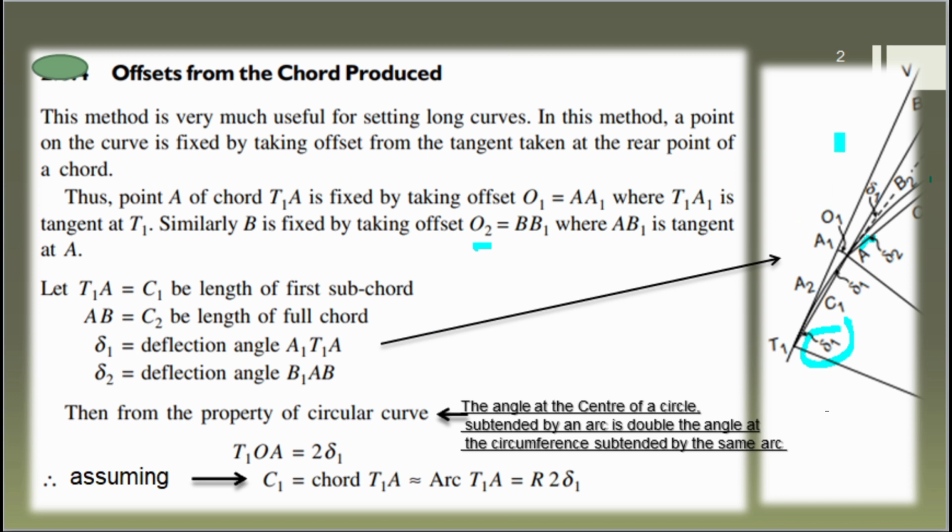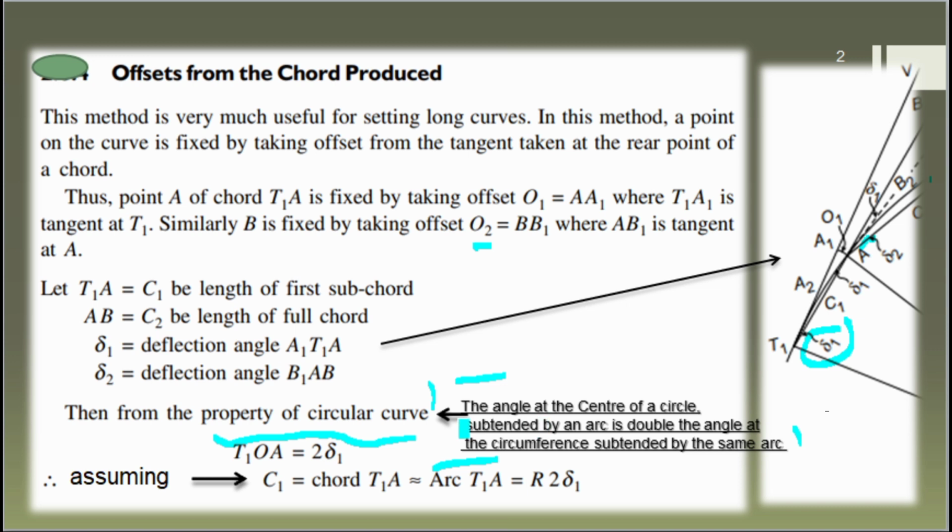Having seen that, this is just a simple illustration from the property of circular curves, and this property is here: the angle at the center of a circle subtended by an arc is double the angle at the circumference subtended by the same arc. This is the property of simple curves that we are talking about.